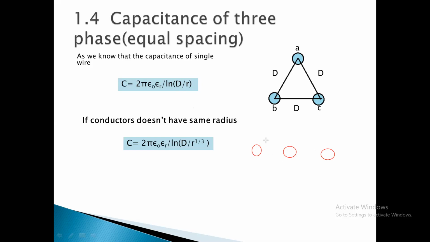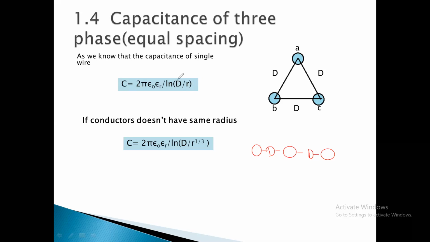For example, let me write here, the distance between these two conductors is D1. If this one is maybe D1, this is D, this is also D, for example, equal spacing.